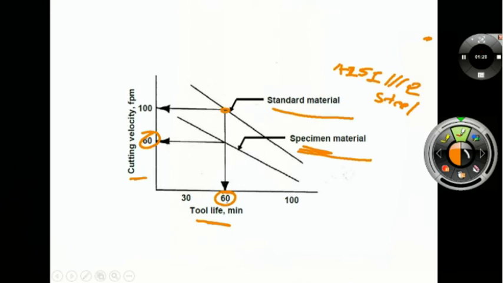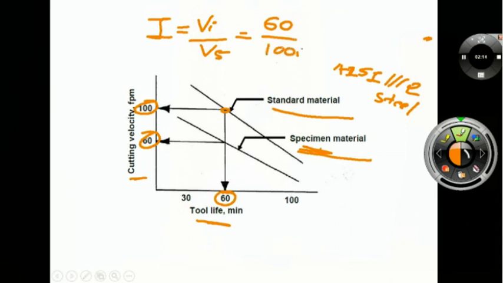So here we can write that machinability index I is equal to Vi divided by Vs. Vi is the velocity of the specimen material or material under investigation at which a tool life of 60 minutes is obtained, and that speed is 60, whereas for the standard material, the speed at which it gets a tool life of 60 minutes is 100.